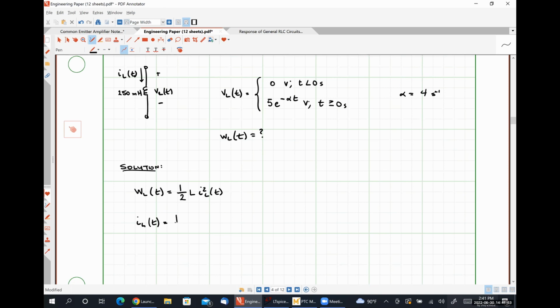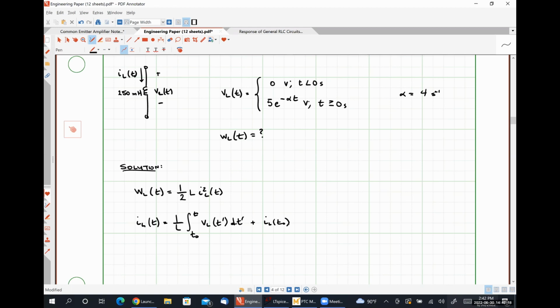1/L times the integral from T0 to T of VL(t') dt' plus IL at T naught, okay?